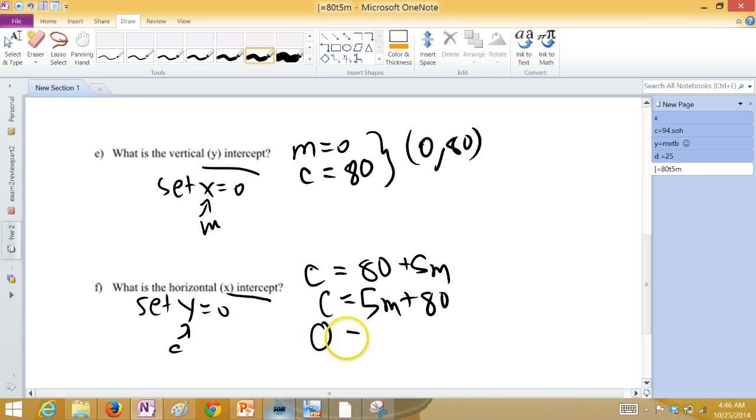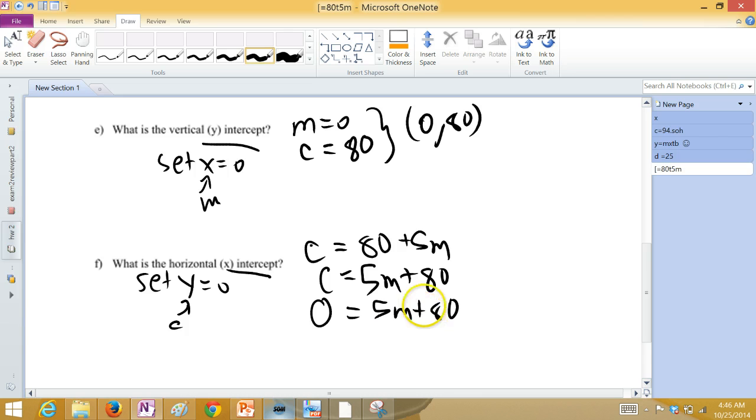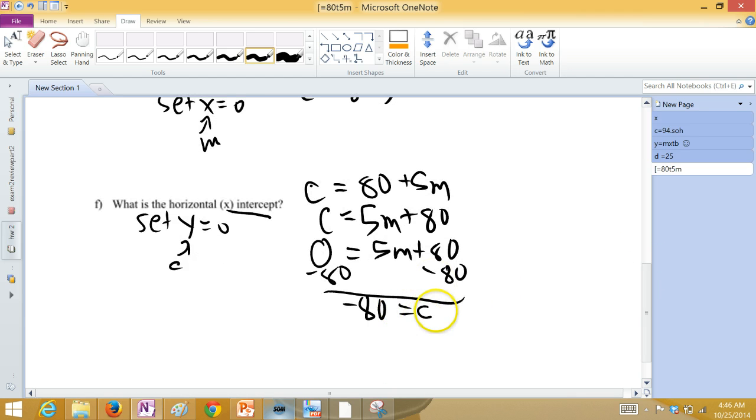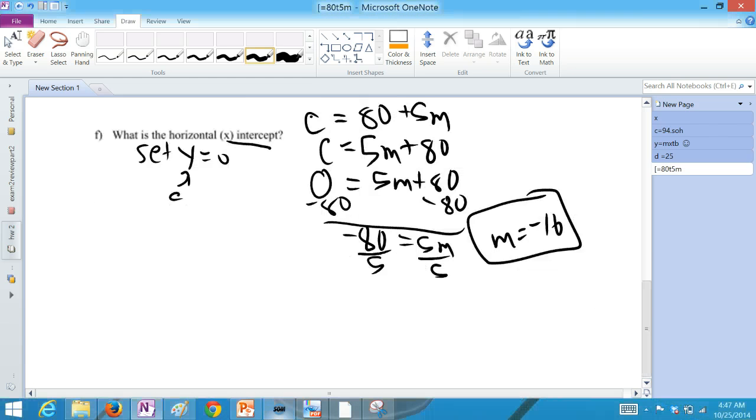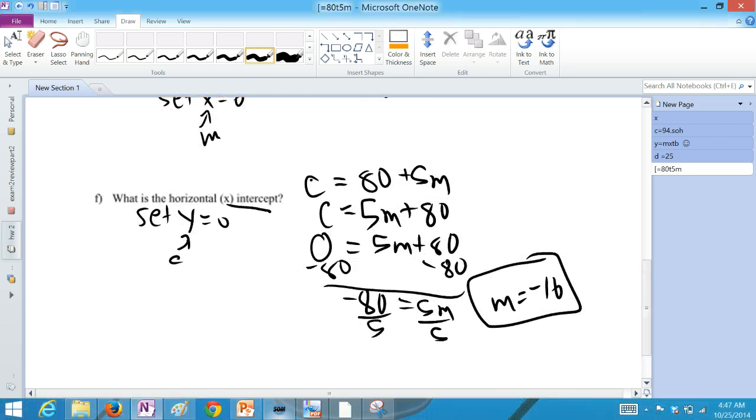So if I set this equal to 0, 5m plus 80, what we find out is that it's going to be a negative value, which really, in the context of the problem, makes no sense. We subtract the 80 over, and we get negative 80 is 5m, divide by 5, and 5 goes into 80 16 times. So m is negative 16. In the context of the problem, it makes no sense, but that's the answer to the question. Okay, great.